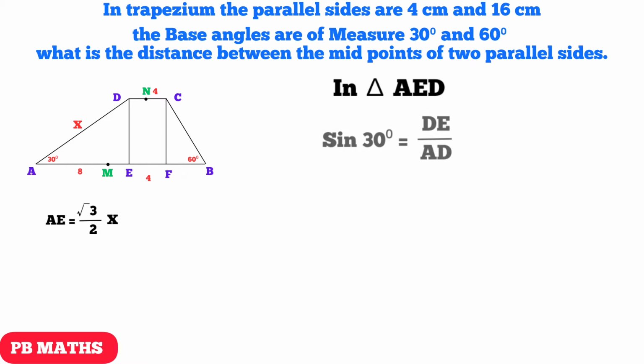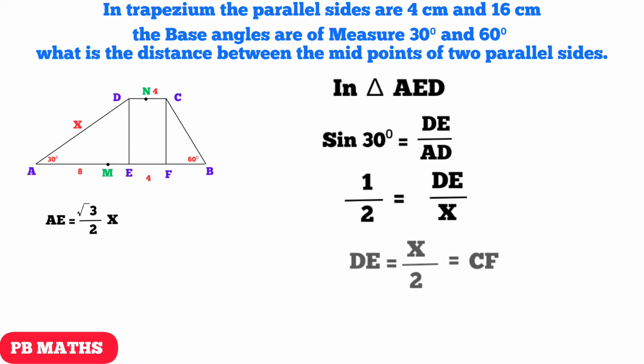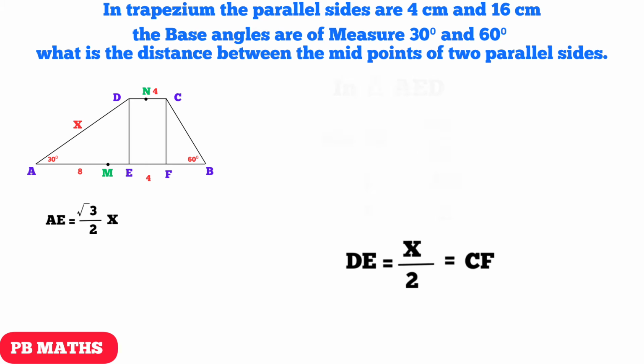Sin theta equals opposite by hypotenuse. So sin 30 degrees equals DE by AD. We know that sin 30 degrees equals half. So 1 by 2 equals DE divided by x. Then DE equals half of x. DE and CF are the opposite sides of the rectangle, so they are always equal. So DE equals x by 2, which is also equal to CF.